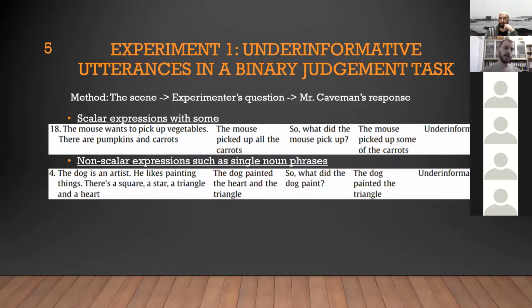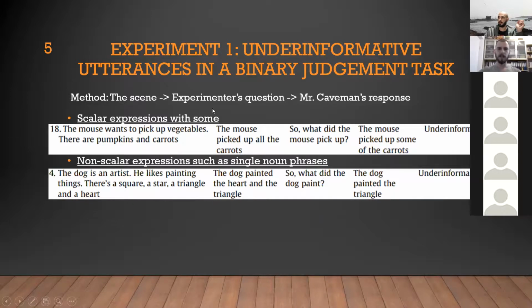In the next one, in the non-scalar expressions, quite similar to the example I gave before, we have a dog, and the dog is an artist. He likes painting things. And there you can see, or they can see, a square, a star, a triangle, and a heart. The scene they were then watching is that the dog painted the heart and the triangle, so just two of them.